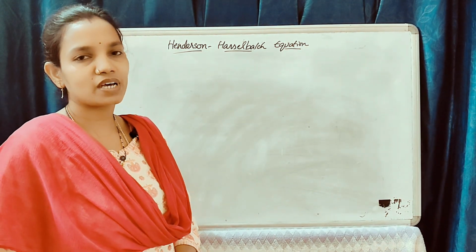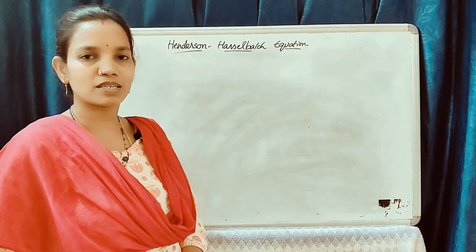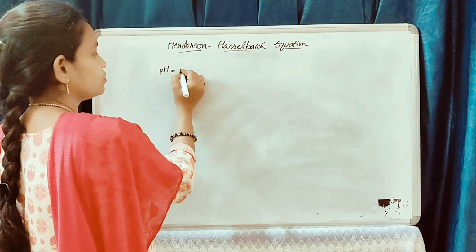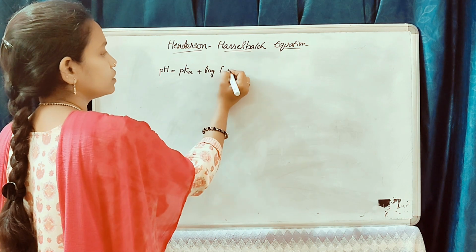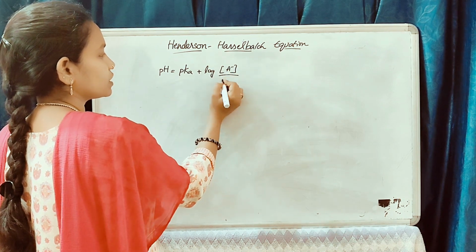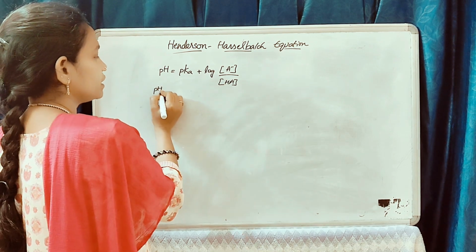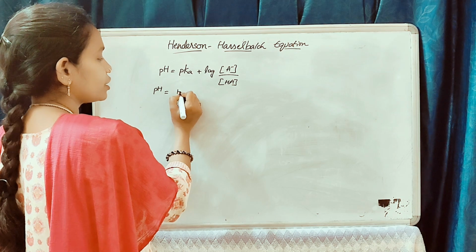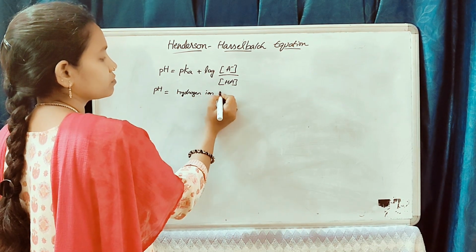Before going into the actual topic, first let's recall what the Henderson-Hasselbalch equation actually is. pH is equal to pKa plus log of the concentration of conjugate base by the concentration of weak acid. So here, what is pH? pH is the hydrogen ion concentration, right?